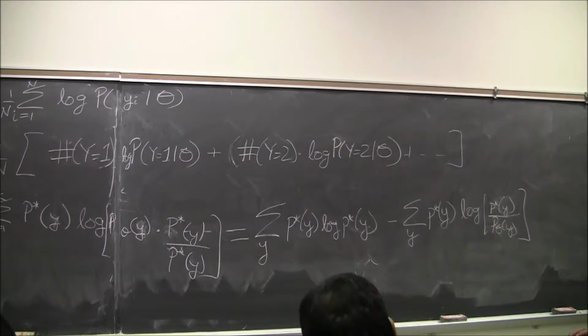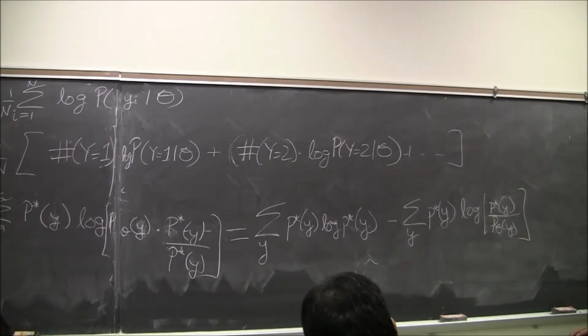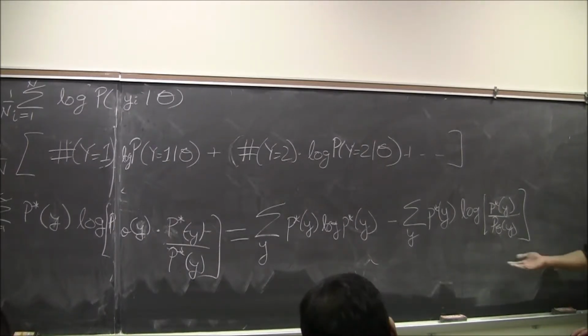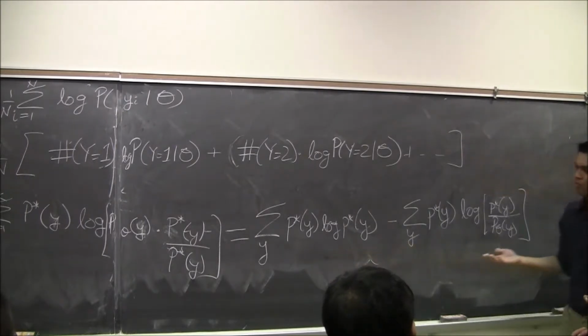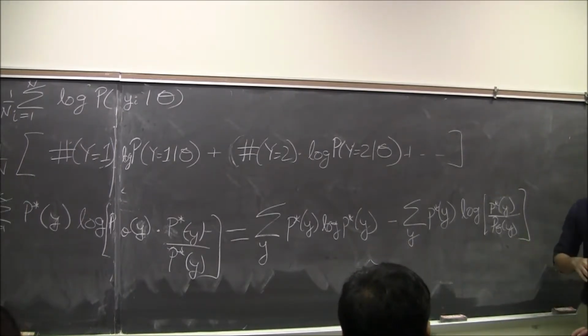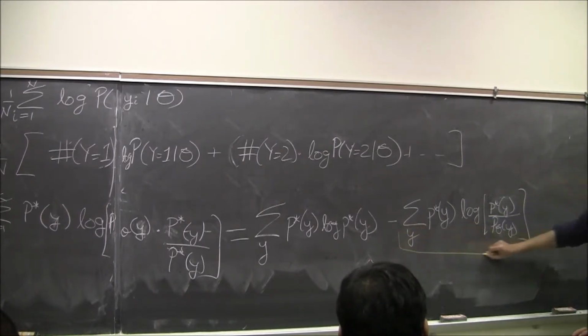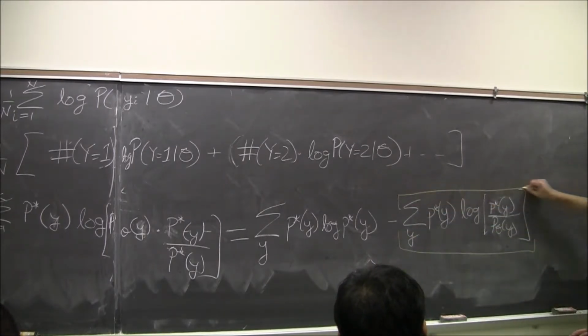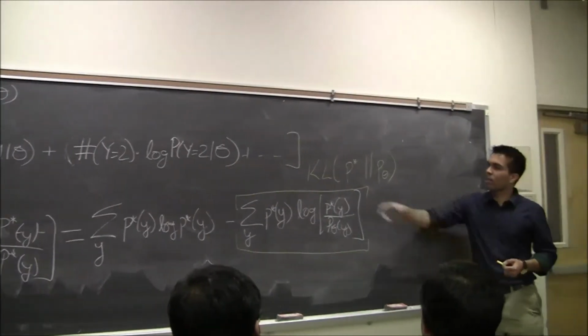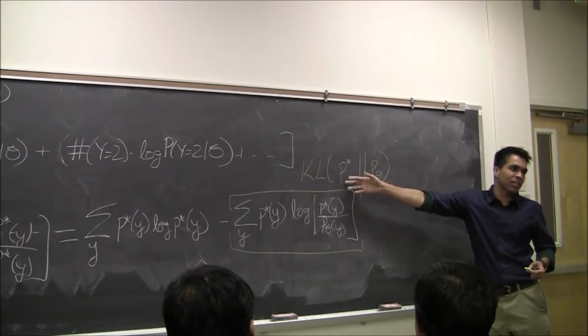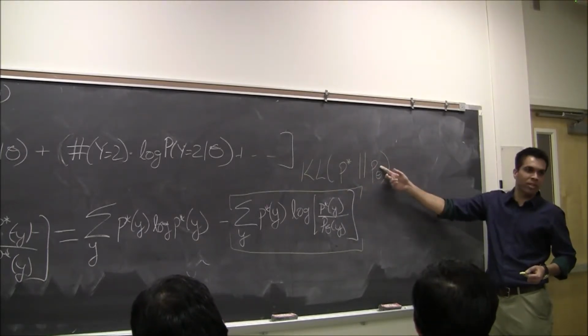All right. So far, simple algebra, just manipulating terms around. Can anybody tell me what these terms remind you of? Yeah, the second is looking like a KL divergence term. This term right here is the KL divergence between P star and P theta: two distributions, one which is reality, the correct model, and one that we're considering.